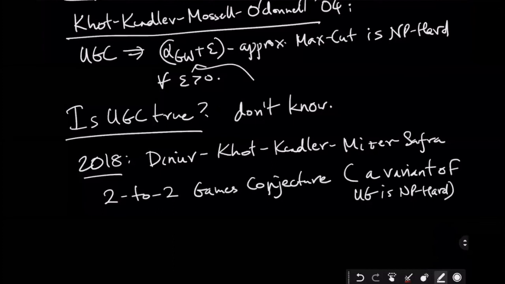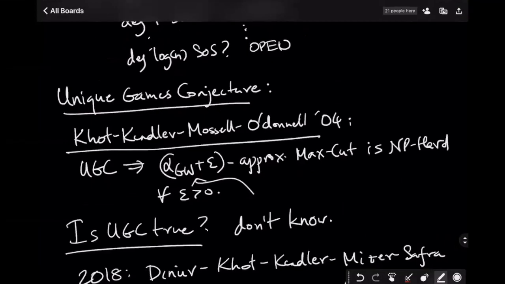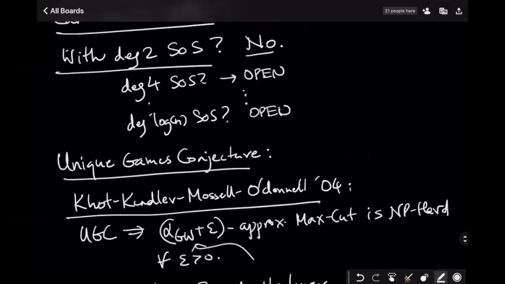Okay, so that's our knowledge of max cut, and as you can see, there are a number of very basic open problems. In particular, just analyzing the degree 4 sum of squares relaxation for this particular problem, we don't understand how to do it so far.